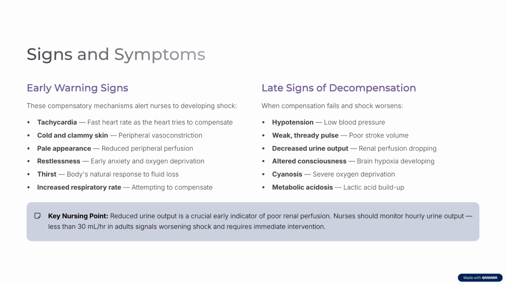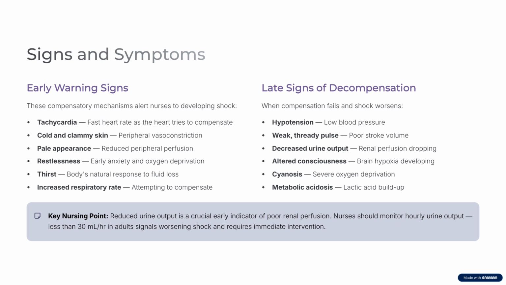Signs and symptoms. Clinical signs of hypovolemic shock can be divided into early and late findings. Early warning signs include tachycardia, cold and clammy skin, pallor, restlessness, thirst, and increased respiratory rate. These are compensatory mechanisms as the body attempts to maintain perfusion.